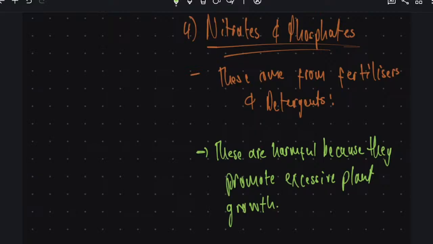Why did you put nitrates in water? You were putting fertilizer so that your plants grow. But now the fertilizer has been washed by rain and has gone all the way to the rivers.